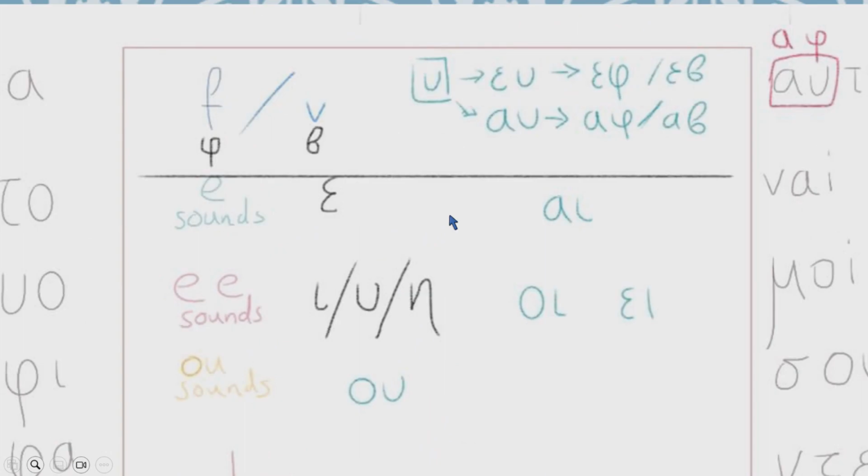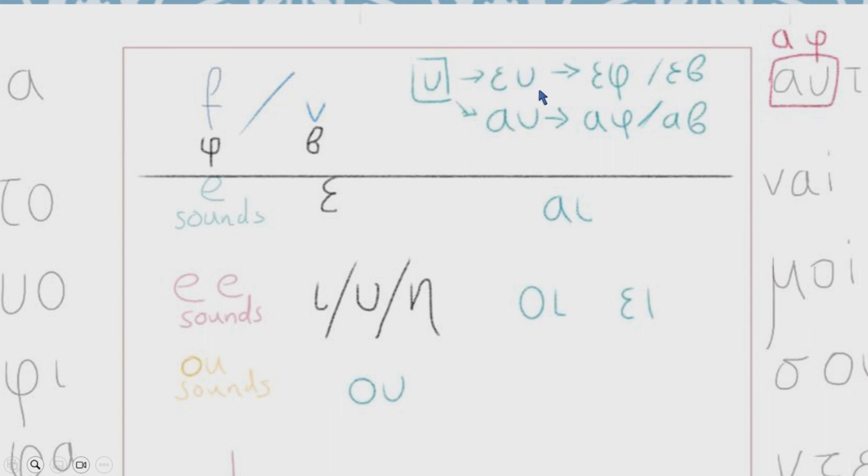First up, we have F and V. Those two sounds are made with the letters Phi and Vita. In some cases, when epsilon is next to an epsilon, it makes the sound F or V. So it's not AE as you would normally expect.